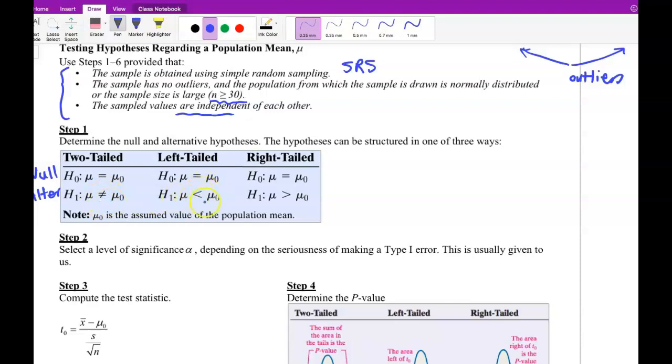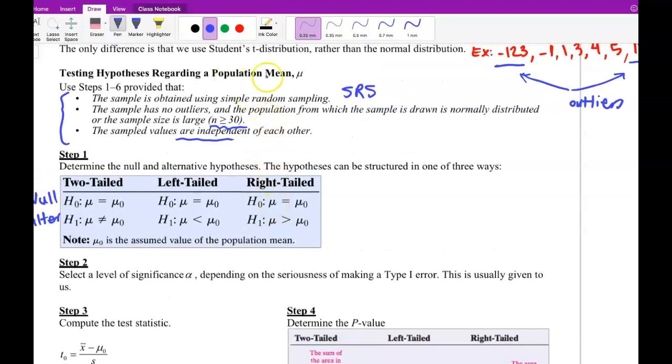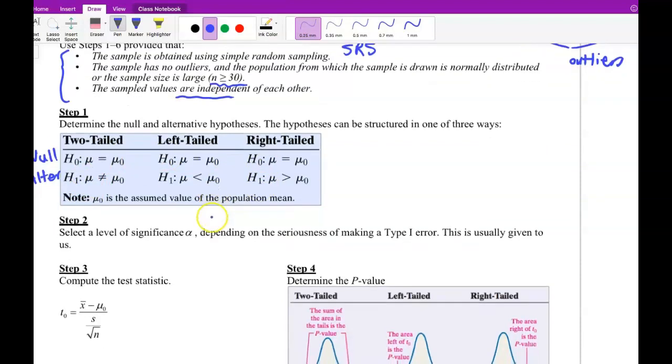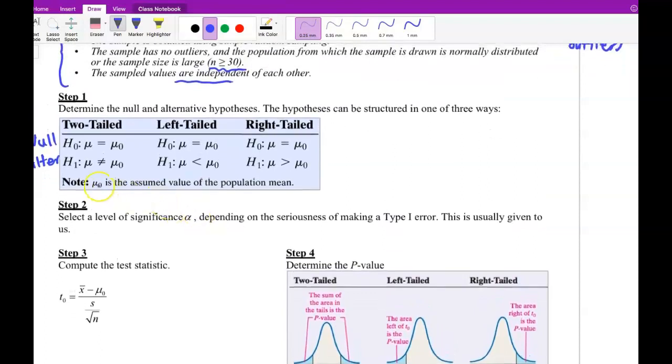When it's left tail it is less than, when it's right tail it is greater than. But in this case, since we're working on population mean, here I'm using mean instead of P. If you remember last time, we had population proportion, and for that part we had P. Since here we have mean, I'm using mean for all of these. And what this means, mu 0, is exactly the same as P0, the value of the population mean.